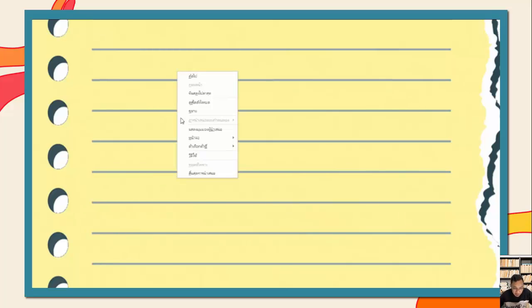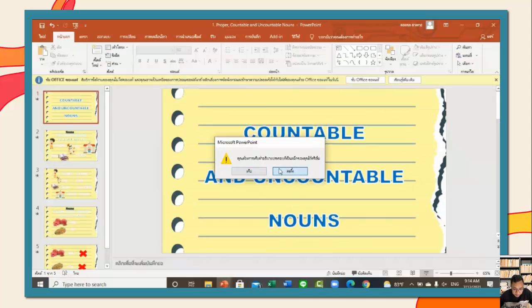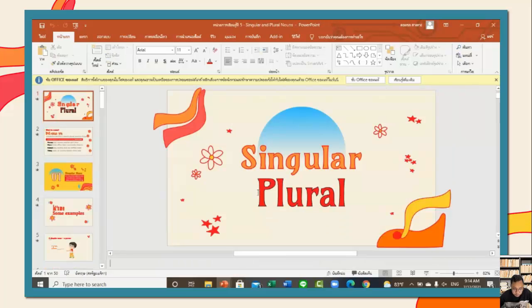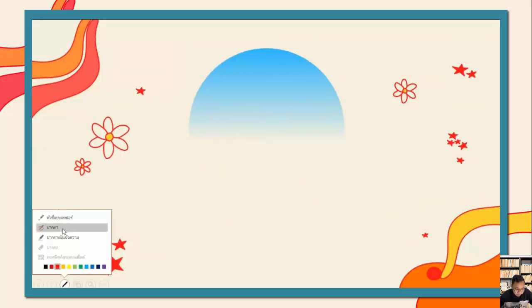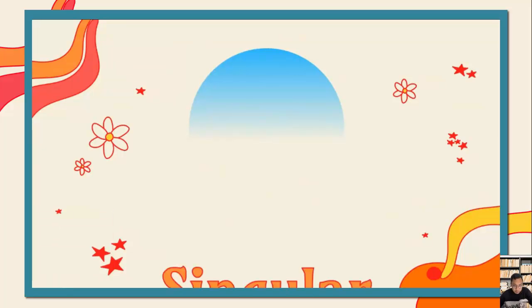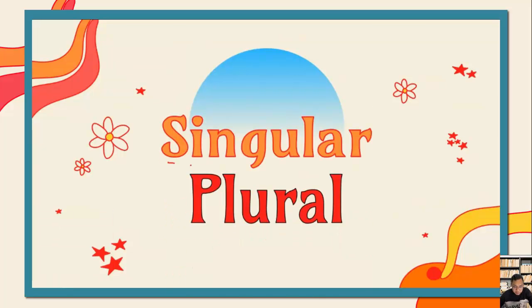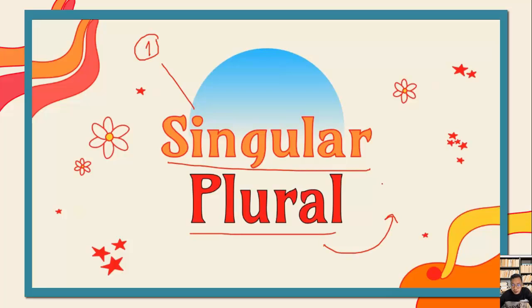All right. Let's move to singular and plural noun. Singular means single. You know, single. It means one. Only one. Plural means what? It means more than one.